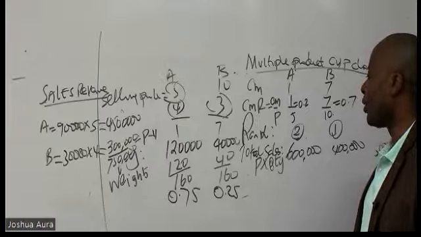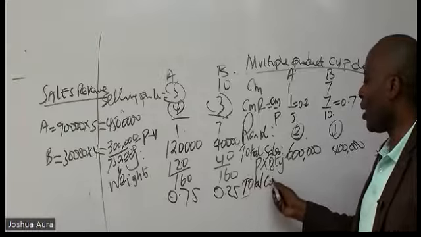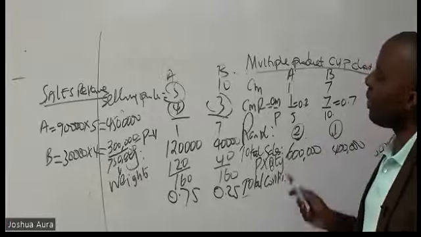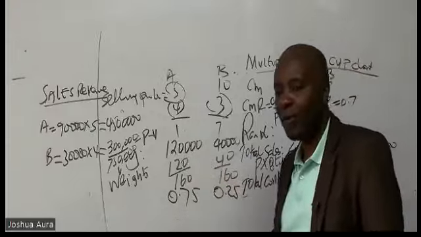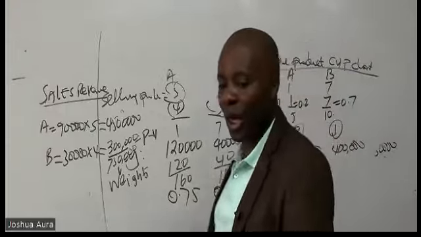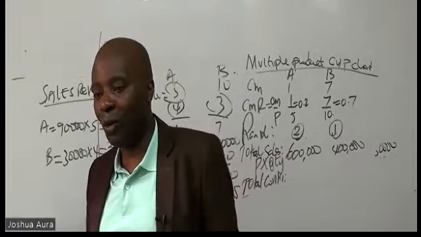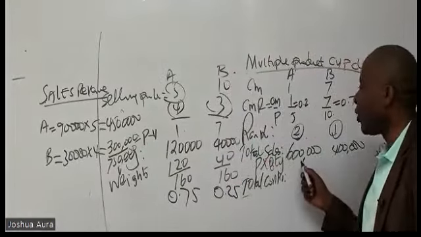Great. Now after that, we have total contribution, isn't it? Total contribution, remember, I will take the contribution margin that I have here times the number of units. Is there somebody who has the total contribution figures?